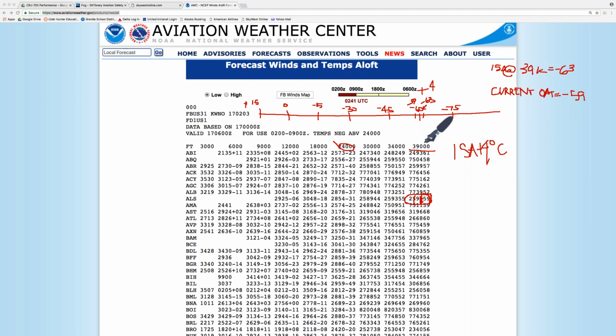There's no way you can have a positive temperature at 39,000 feet. So we always assume that this temperature is negative. That's what we did here: we're negative 59, and our standard, according to our adiabatic lapse rate, would be negative 63 degrees.